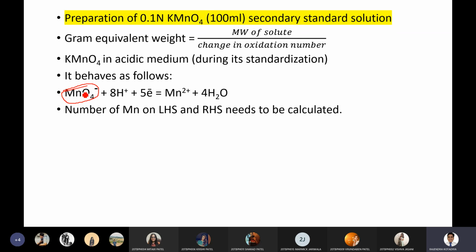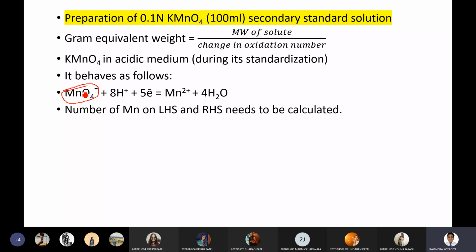One oxygen carries a -2 charge. If there are 4 oxygens, then what will the overall charge of the oxygens be? -8, yes, because 1 oxygen carries a -2 charge, and for 4 oxygens it will be 4 into -2, that is -8 charge.